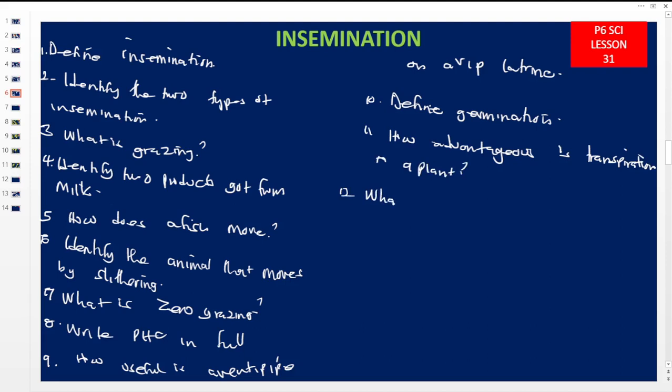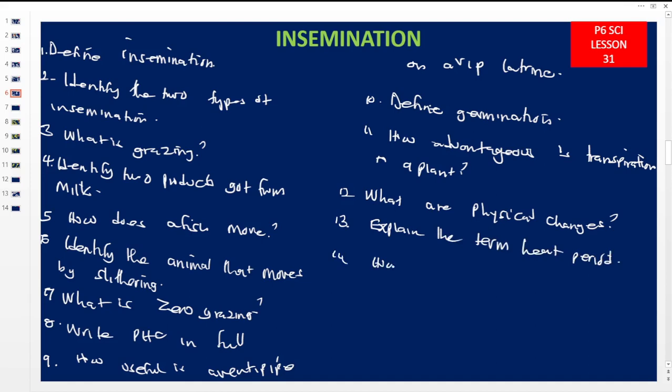12. What are physical changes? 13. Explain the term heat period. 14.